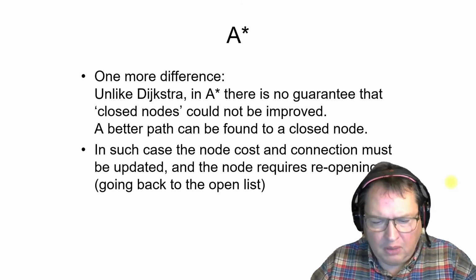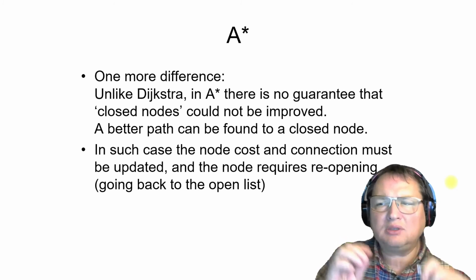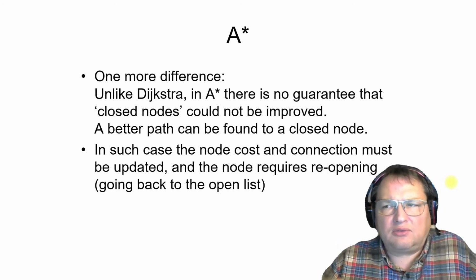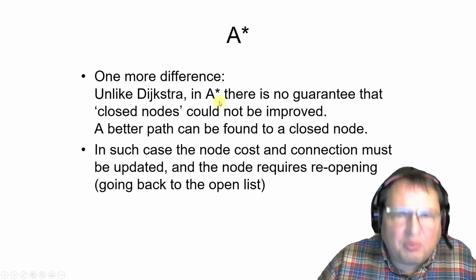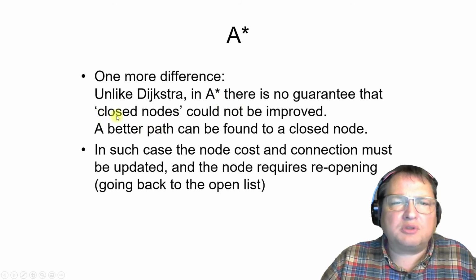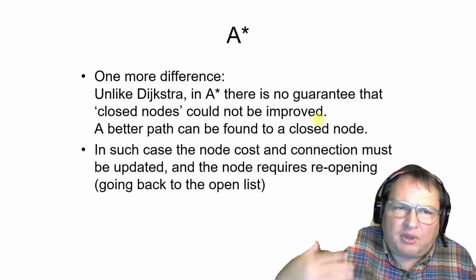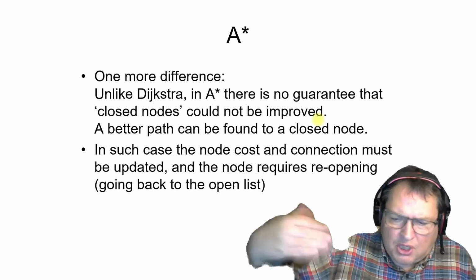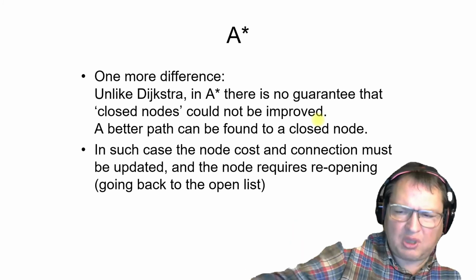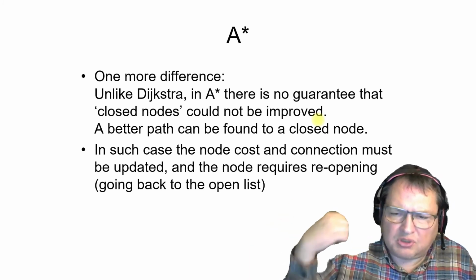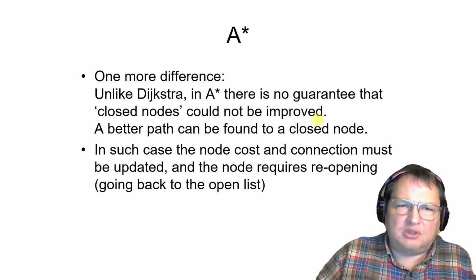If you were implementing the Dijkstra algorithm following my pseudocode, you might have noticed that this pseudocode does not take into account the assumption that closed nodes are guaranteed to be optimal. Actually, every node is meticulously checked whether the new cost so far is better than the old cost so far, and the pseudocode doesn't exclude the closed nodes.